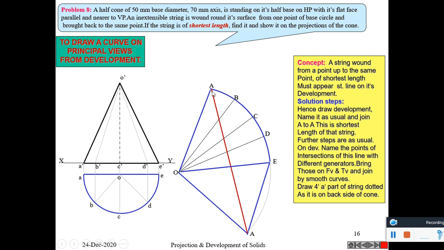This is the shortest distance from A to the backside A, the line passing through the shortest distance from A, surrounding the cone, and returning back to A itself. That is a straight line from A to A. We have to draw it back on the front view and top view.